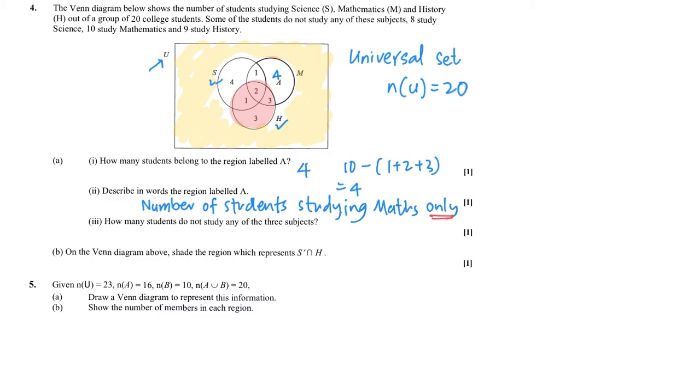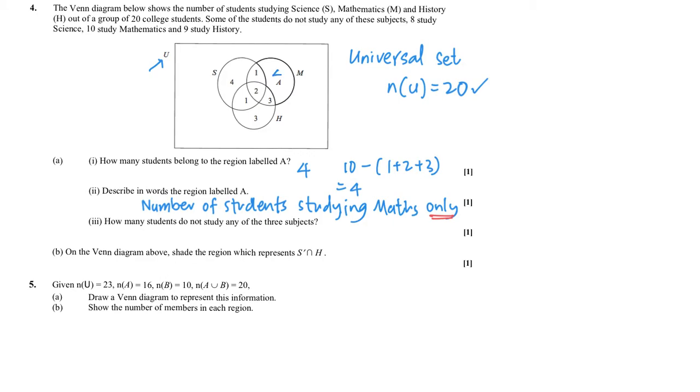Okay, how many students do not study any of these 3 subjects? How do we get that? The total we know must be 20, because the universal set is 20. If we see the numbers on this Venn diagram, let me erase all. The numbers that we have, we add all, and then the difference should be the number outside of the circle.